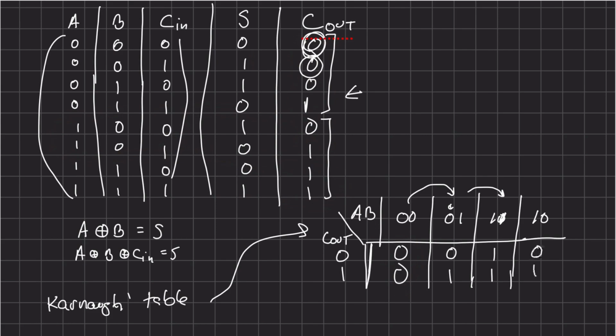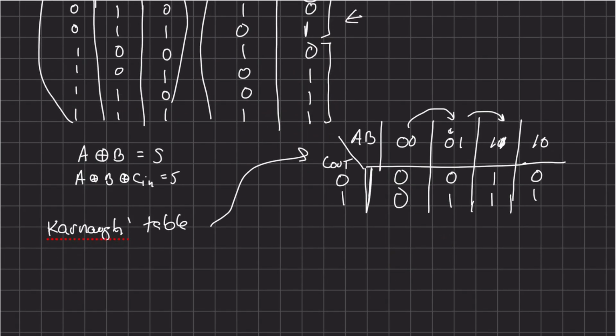Okay. So now what can we do with this? So what we can do is group these in a packet of 1 by 1, 2 by 1, 2 by 2, and all groups we can make. So I can, for instance, group these 2 here. Okay. Why can I not group all of those 3 here?